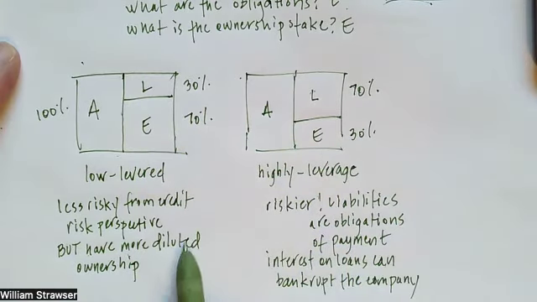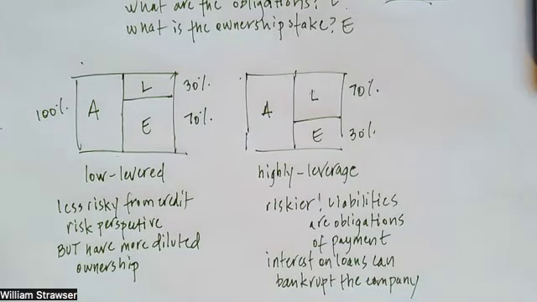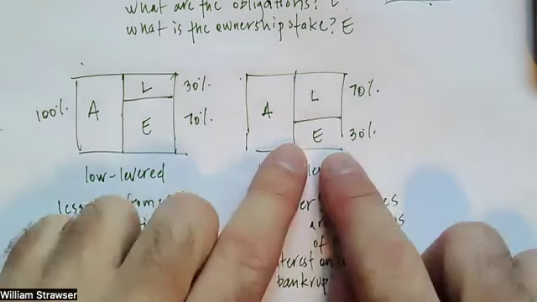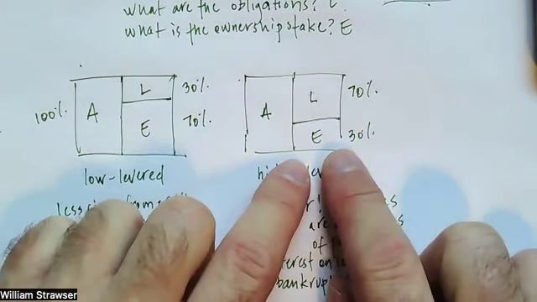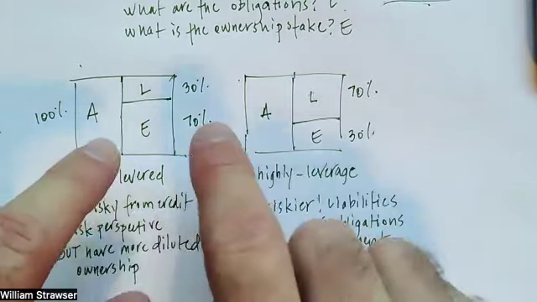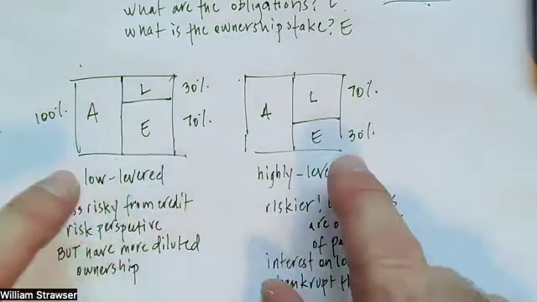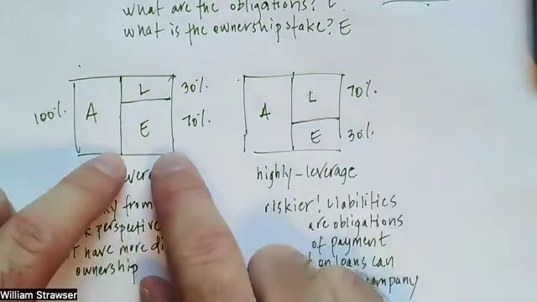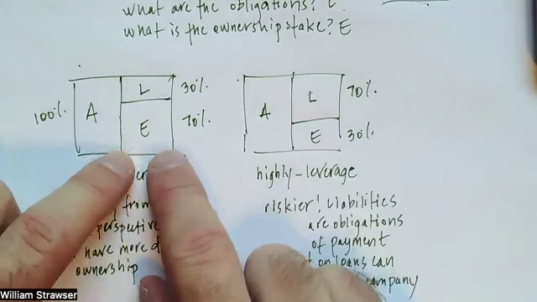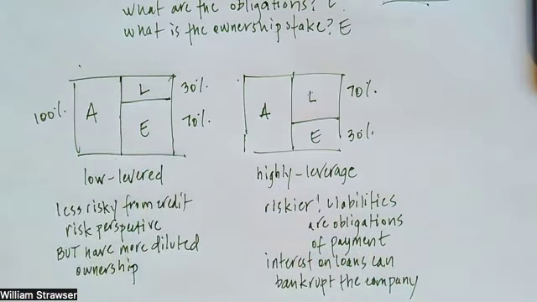And so that additional shareholdership dilutes ownership to the point that it might have taken X number of shares in this company to get 10% ownership of it, whereas it'll take at least a little over twice that in order to get 10% ownership in this company, just going strictly by the percentages.